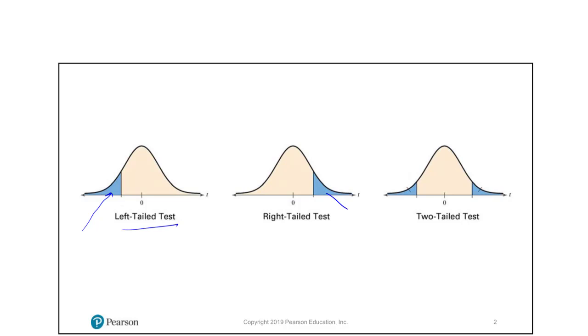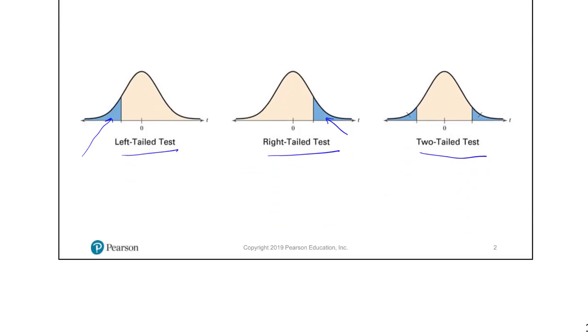If we're looking for some region greater than some t-value, that's a right-tailed test. And if we're looking for the regions on either side, then we're talking two-tailed test. And again, this will be determined by what is in our alternative hypothesis.